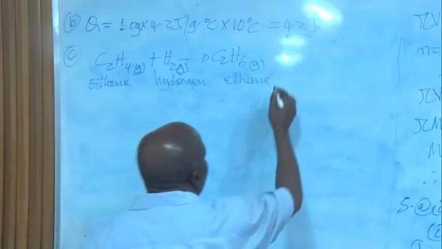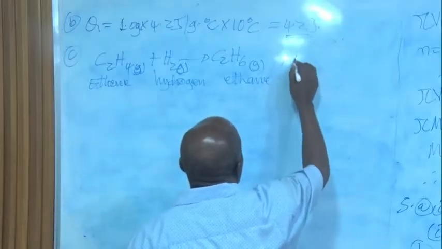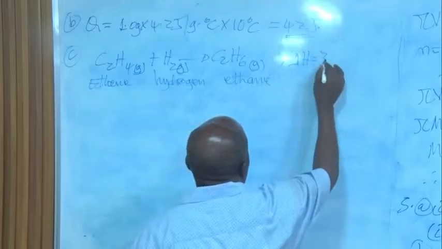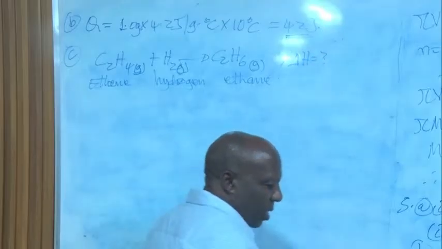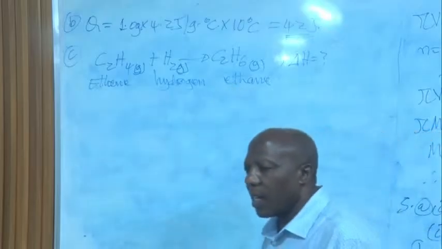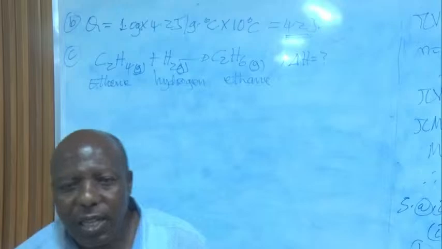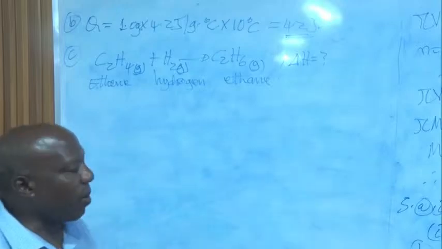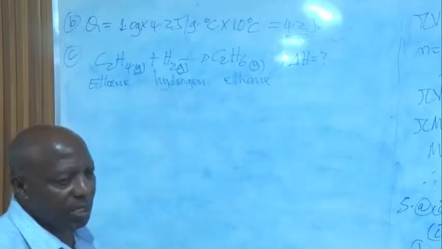Now the question is to calculate the enthalpy change of this reaction. This reaction can also be known as the hydrogenation of ethene. But we are given the standard enthalpies or heats of combustion of these three materials.